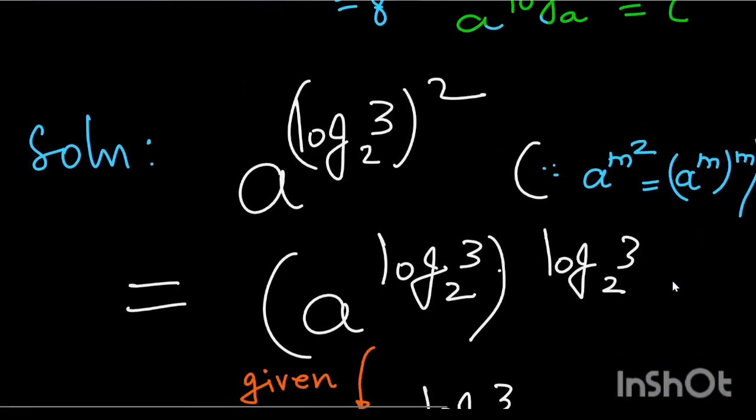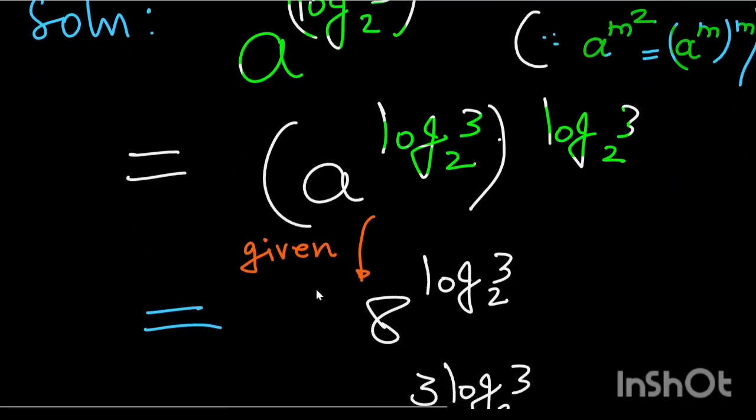So a to the power log 3 base 2 whole square is written as a to the power log 3 base 2 into log 3 base 2, because we know that a to the power m whole square is a to the power m whole to the power m. So m into m gets multiplied, it will give m square. Now this is 8, which is given, log 3 base 2 is as it is.